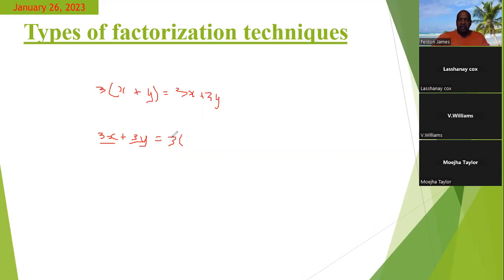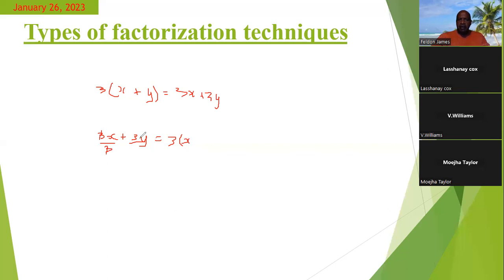Then the same 3 that you pull out, you use it to divide each of the terms in the expression. So the 3x, you divide it by 3. If you divide 3x by 3, the 3 cancels out. You're left with x. So you put x in this bracket.